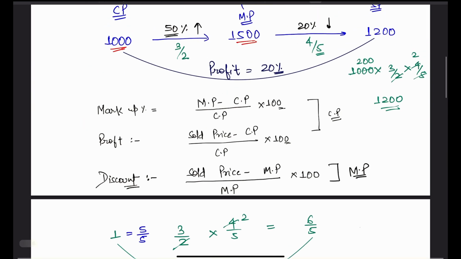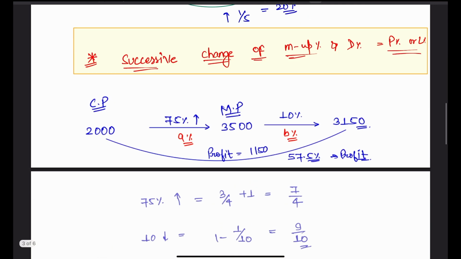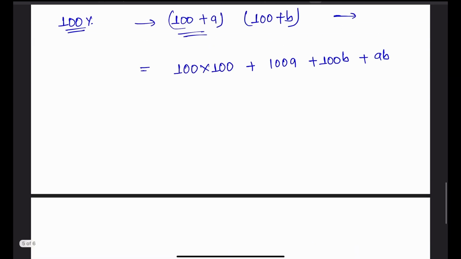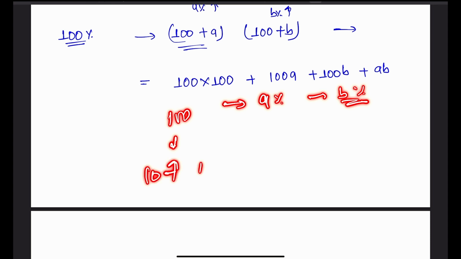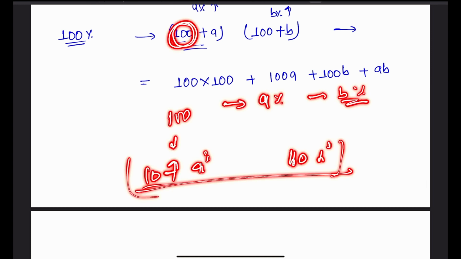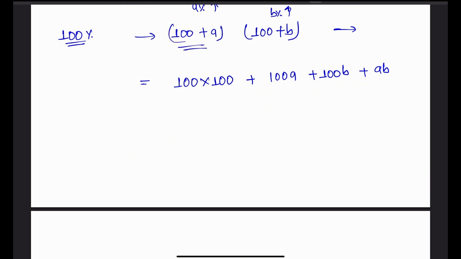Earlier in percentage we learned that if 100 is there and I want to increase a percent, and then I want to increase b percent, what I can do is, from 10 I will increase a percent, and in 10 I will increase b percent. So here, if I use the same concept, I am increasing a in 100 and then increasing b in 100.